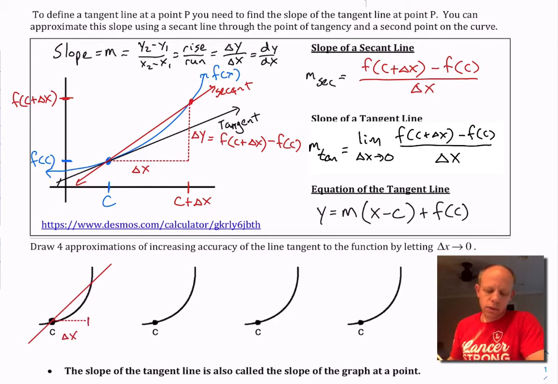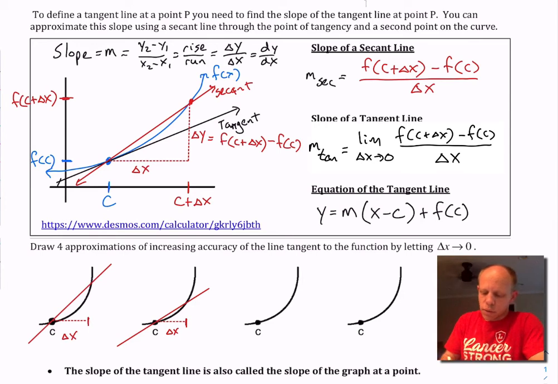Okay? And so that would give us a pretty bad approximation. And so what we're going to do is move that secant line a little bit closer to the tangent line. And so that delta x now is a little bit smaller.